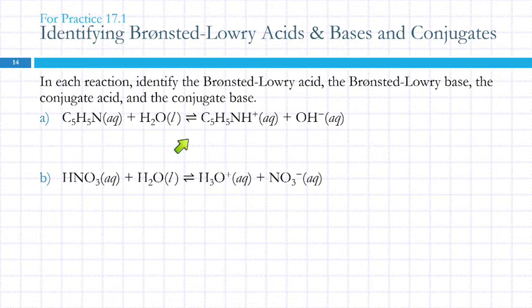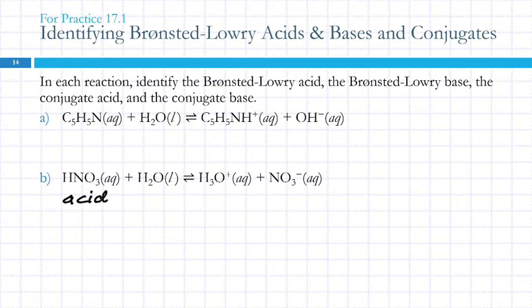So we look at this first one, we've got water and C5H5N. I don't like that one. Let's skip that one and go to B first. Oh, HNO3. I know that one, that's an acid, right? So this is the acid.